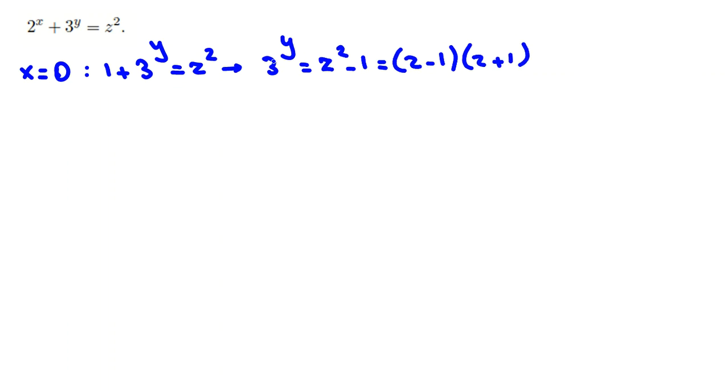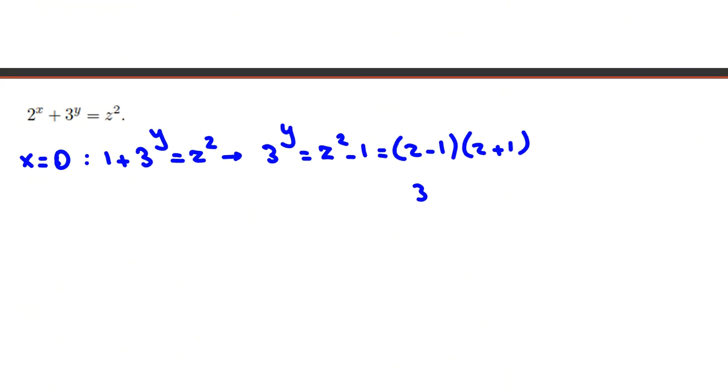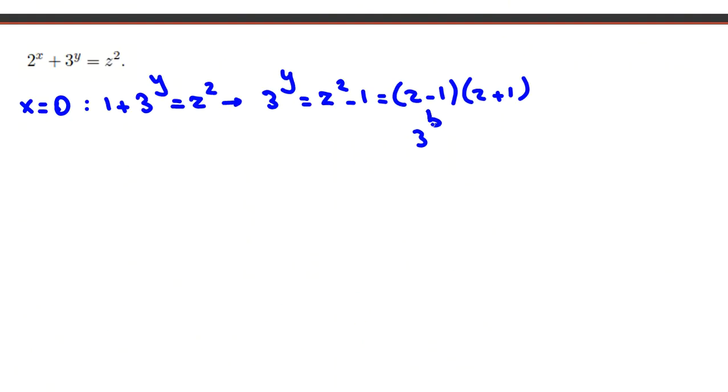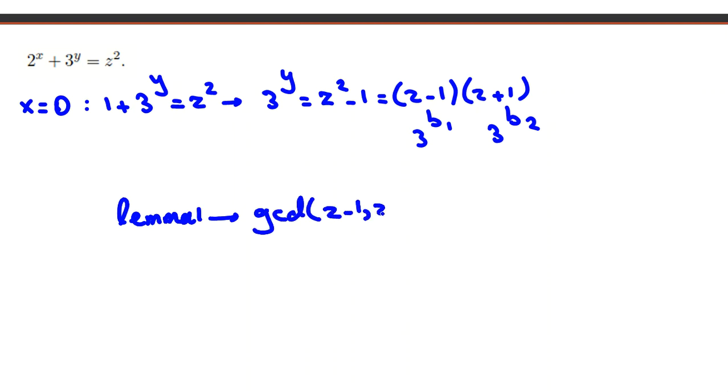Because the product of them is a power of 3, let's not use the same variable. We said a1, a2; I say, for example, b1, b2: 3 to the b1 and 3 to the b2. And by lemma 1, again, we can say the GCD of z minus 1 and z plus 1 is 1 or 2. So now we conclude. We know this number is less than this because it is z minus 1.